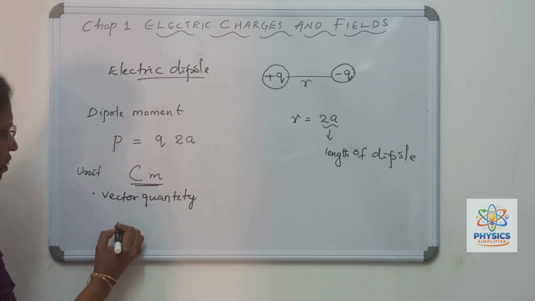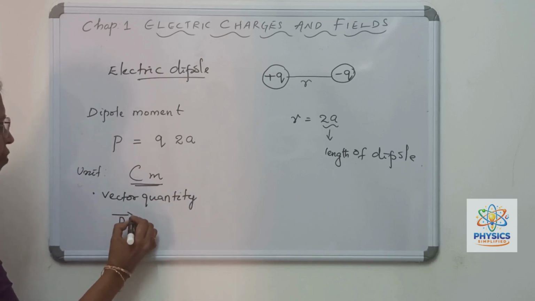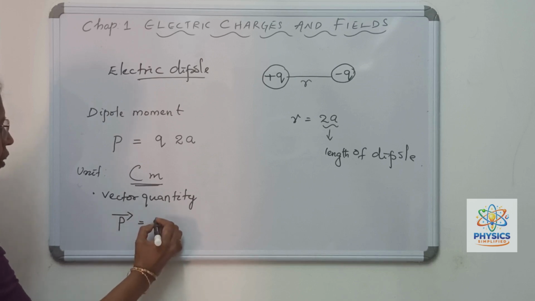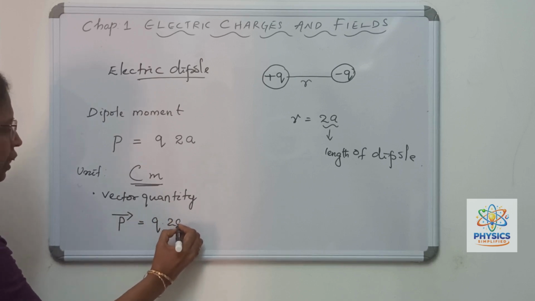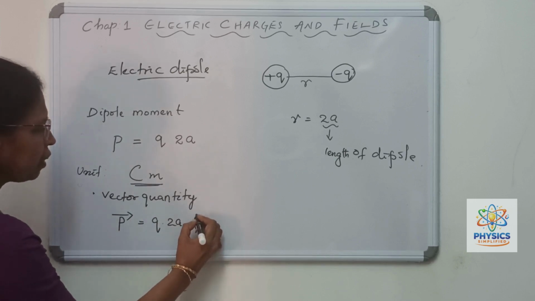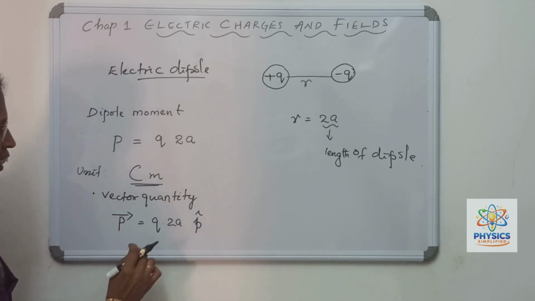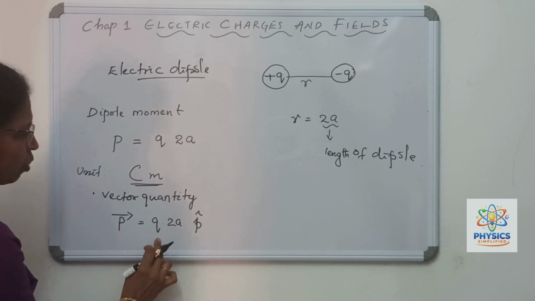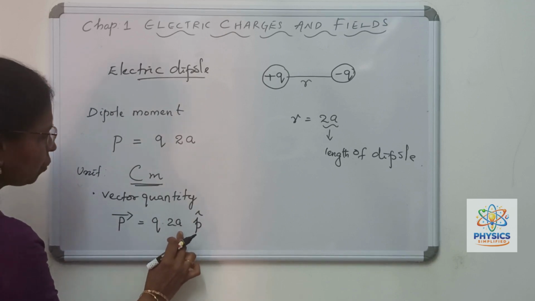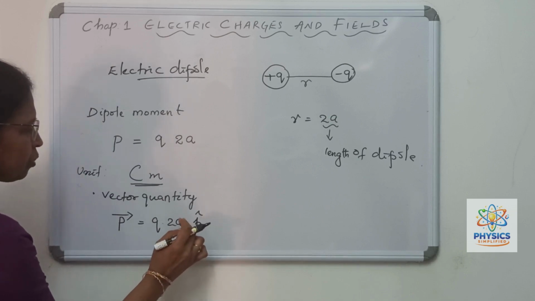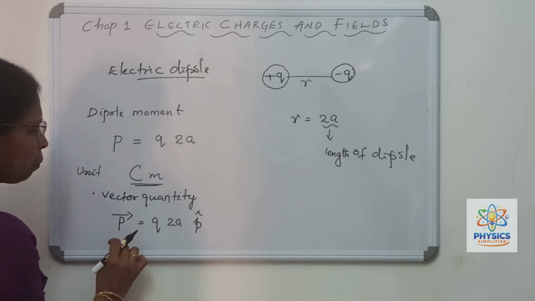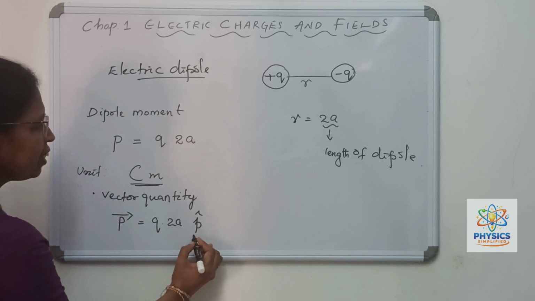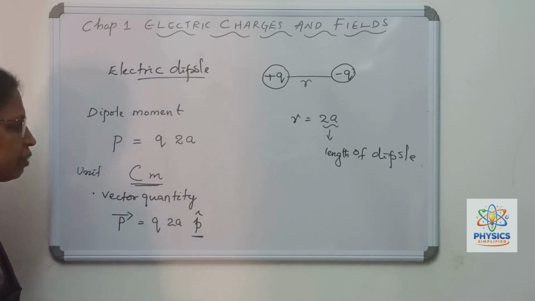Here we can represent vector P as equal to Q into 2a into P cap. Here also the charge is a scalar quantity and length of dipole is a scalar quantity. So to represent dipole moment as a vector quantity, we are using a unit vector.